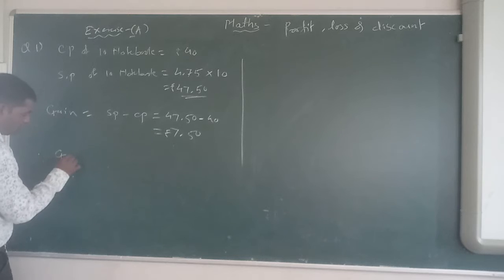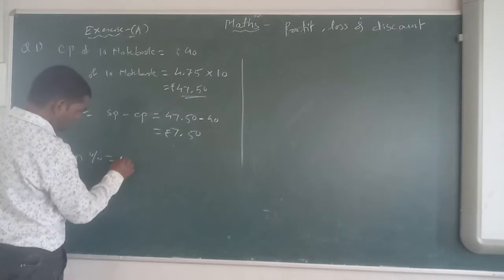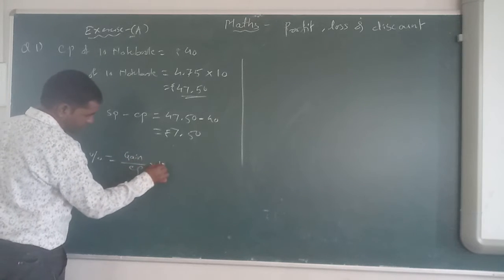Therefore, the gain percent formula is gain upon CP into 100.